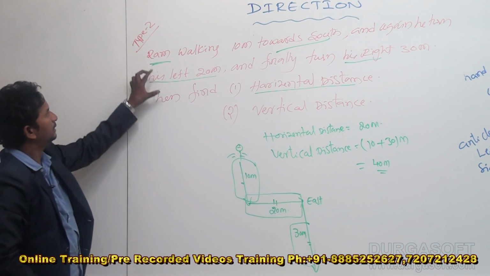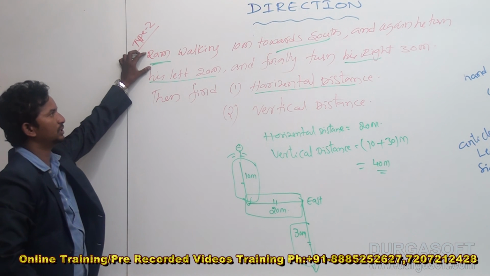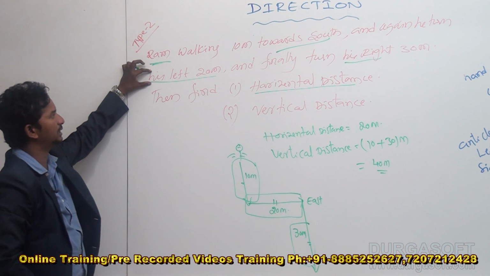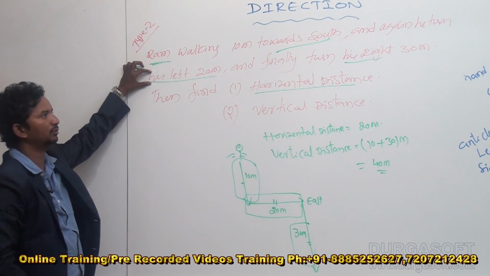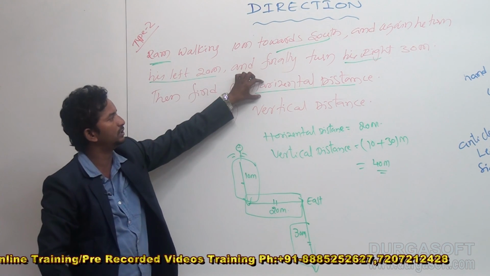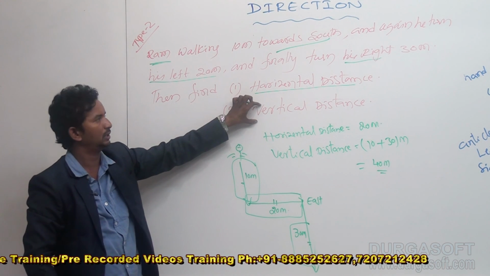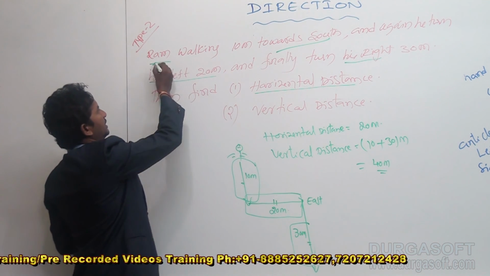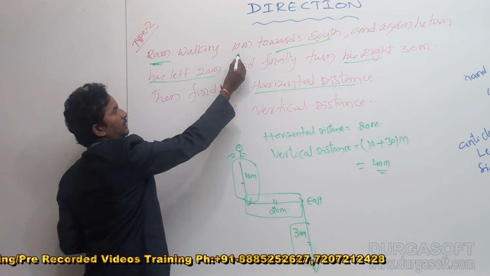Once again, Ramu walks 10 meters towards the south, again he turns his left 20 meters, and finally turns his right 30 meters. Then find the horizontal distance and the vertical distance. Ramu is here, 10 meters towards the south.